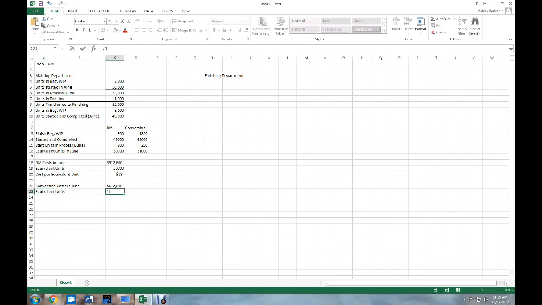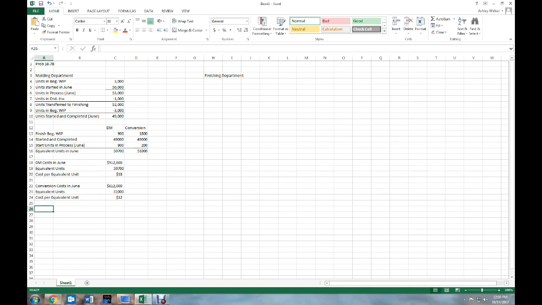So we had 51,000. So our cost per equivalent unit, I'm going to divide those out. 12 bucks. Okay. So now we know our cost per equivalent unit with respect to both direct materials and conversion in the molding department.